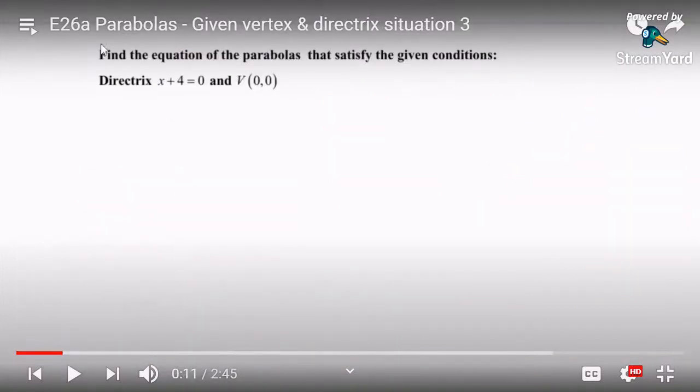So seterusnya kita akan pergi ke parabola. So sekarang saya tak bagi you standard form dan saya nak you cari standard form. So information is given atau condition. So merujuk kepada information, dapatkan maklumat, kemudian dapatkanlah you punya equation of parabola.